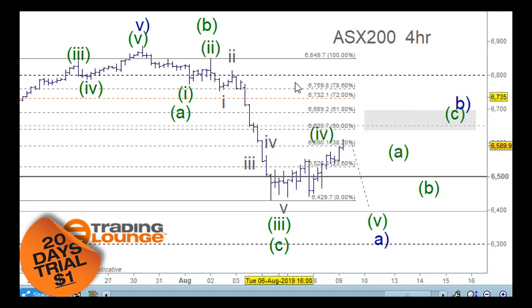We know that this level through here is the 6,590 area here, but we always gravitate to the closest largest number. So the 6,600 would be the important point here.